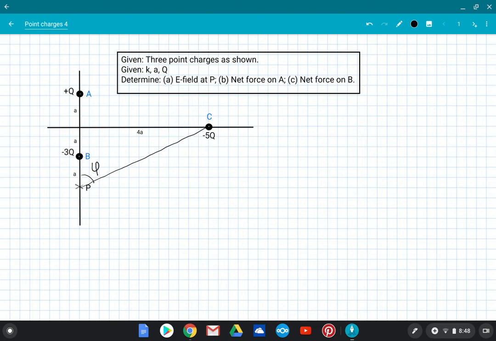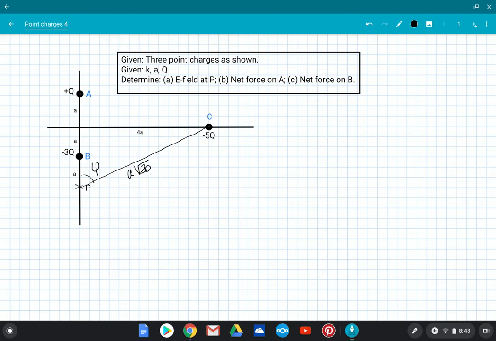So right away, we can have a look at that. I can label, it doesn't matter which angle, I'll label this one from the vertical just to do something a little different. And then we need this distance here. This is going to be a root 20.